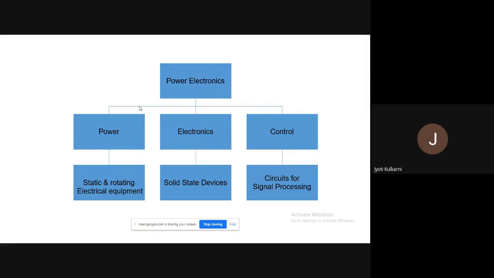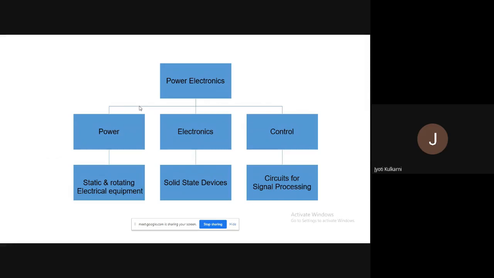In short, I'll tell you why power is part of power electronics. Because the power electronics field is ultimately controlling your transformer and your motor, which handle power in a very large amount. If you go to the electronics lab, your power supply will give you only 30 volt, 1 ampere. It's a very small box.